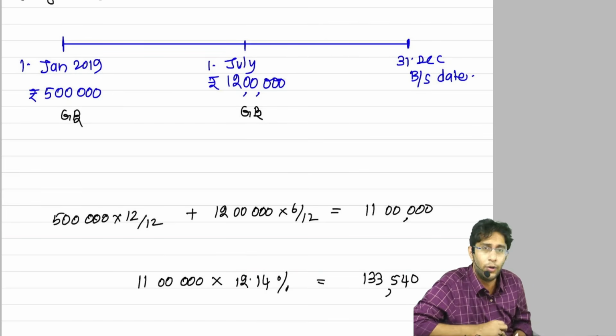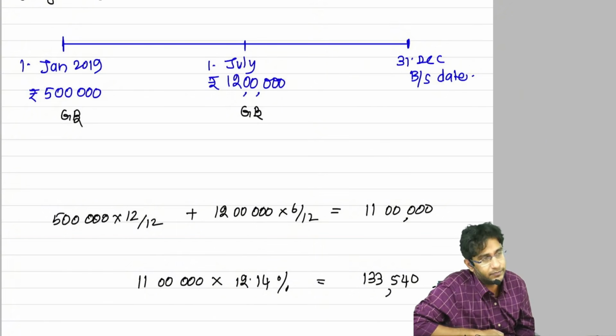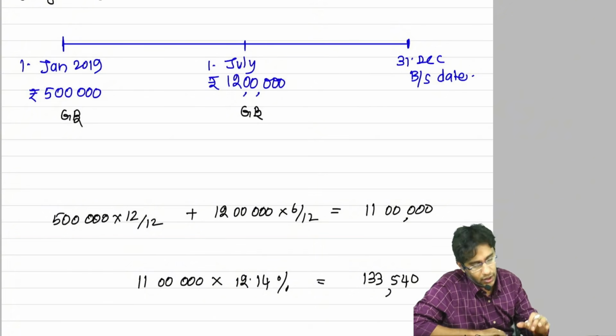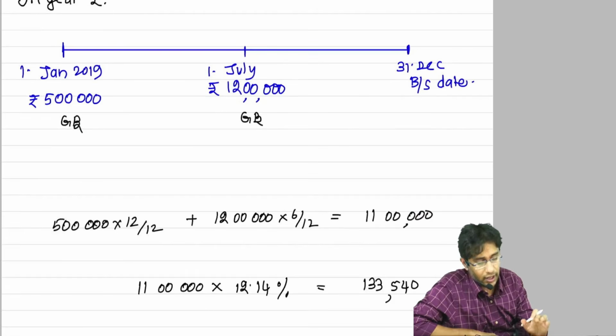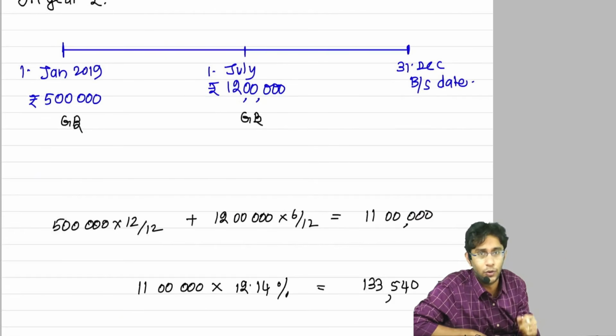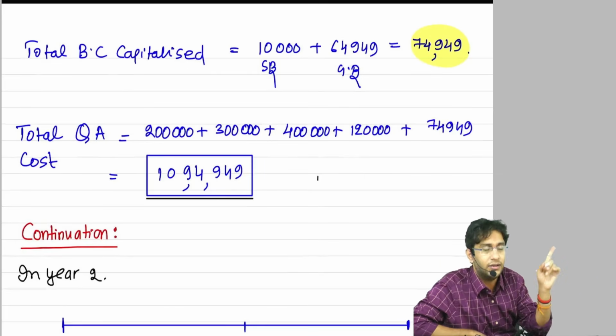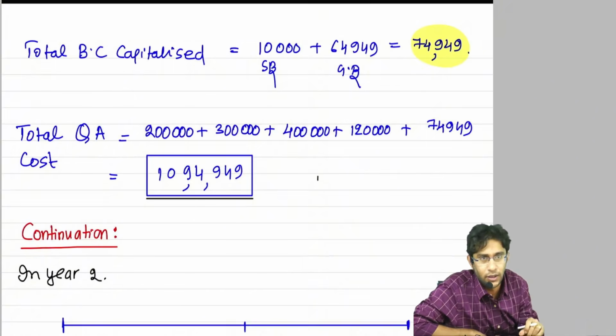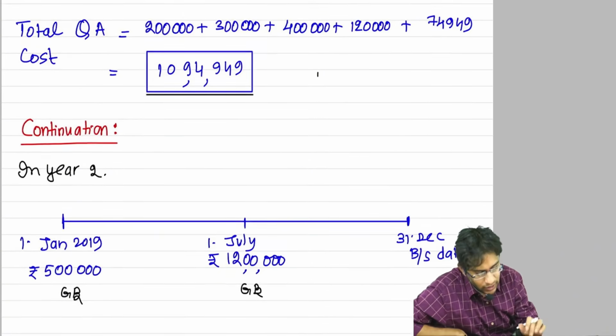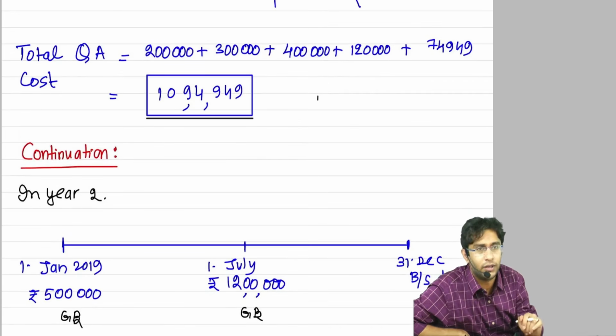Sir, why, sir? Where did we go wrong? Whatever you did is right only, but it's incomplete. Sir, how, sir? Current year expenditure's borrowing cost you capitalized, okay. But last year's already incurred borrowing cost is also borrowing only, no? What's the cost of asset last year? 10,94,949. This is also fully funded by borrowings only. Correct? So, in this, how much is general borrowing?